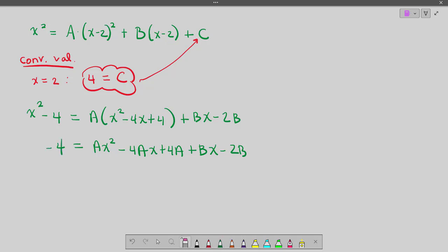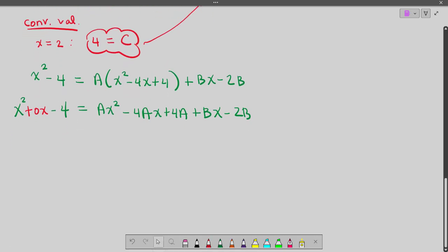And on the left-hand side, let me write this suggestively, like that. So the traditional method says you've got two polynomials, the corresponding coefficients have to match. Let's do it.